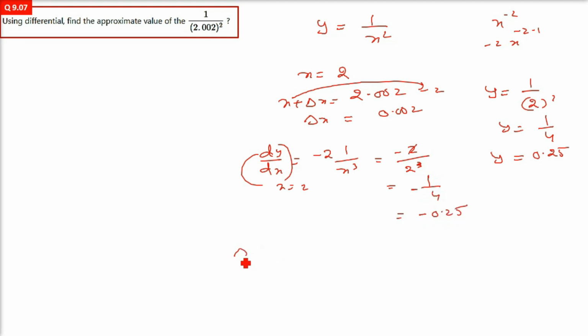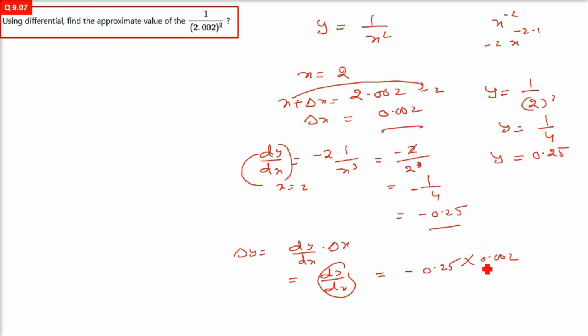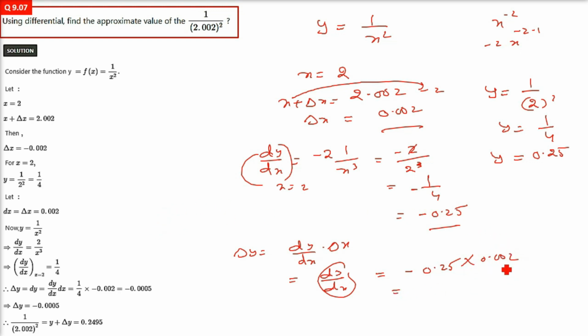So we have delta y is dy by dx into delta x. dy by dx is what? Minus 0.25. Delta x is 0.002. It is in negative, please remember. So it is 25 by 100 multiplied by 2 by 1000. So 50 divided by 5 zeros. 1 zero can be cancelled. So you get 5 by 4 zeros.